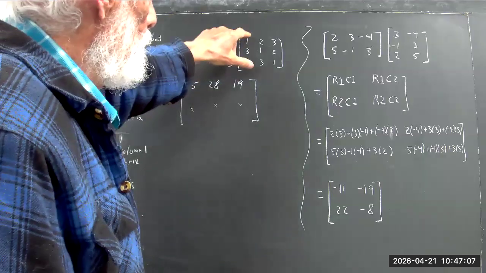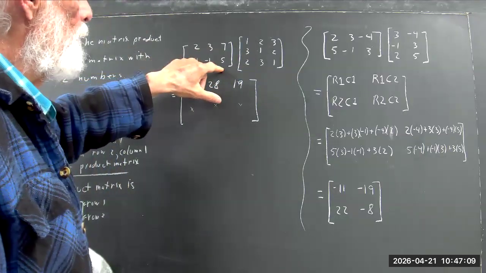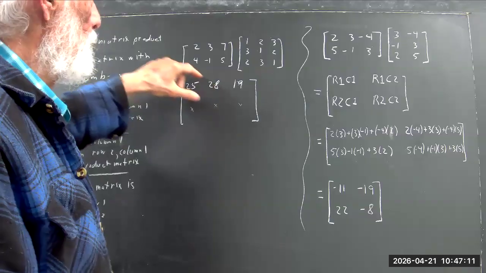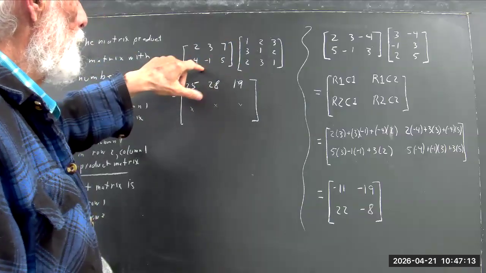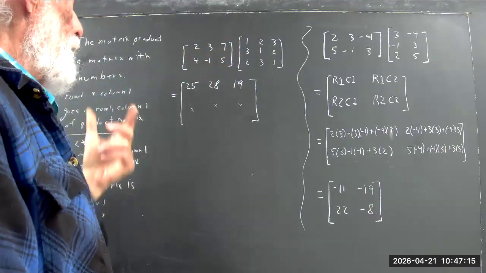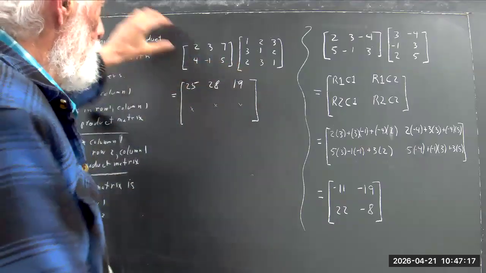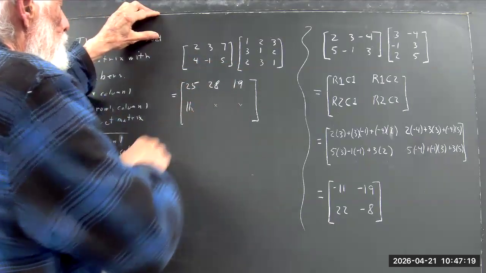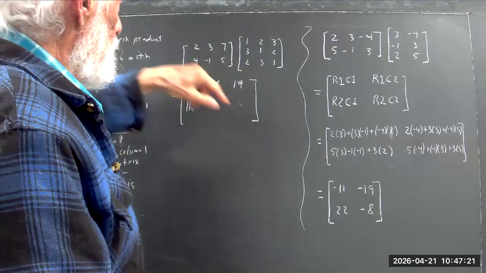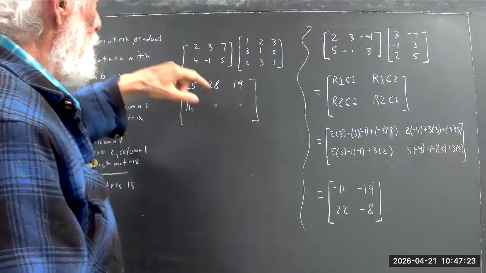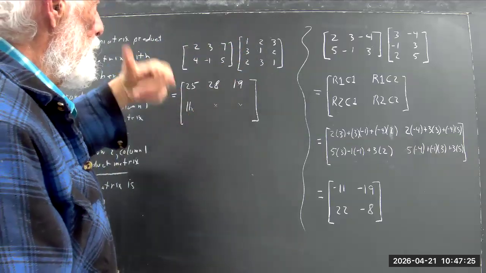Then, second row, first column, 4, -1, 5, multiplied by 1, 3, 2. 4 times 1 is 4. Negative 1 times 3 is negative 3. That makes 1. 5 times 2 is 10, so we've got 11. Second row, second column, 4 times 2 is 8. Negative 1 times 1 is negative 1.